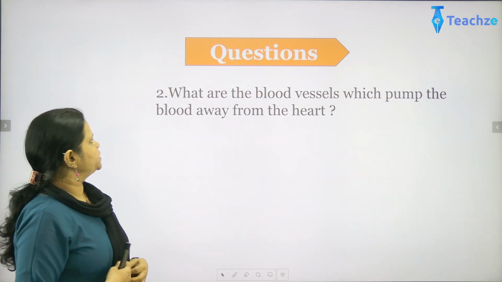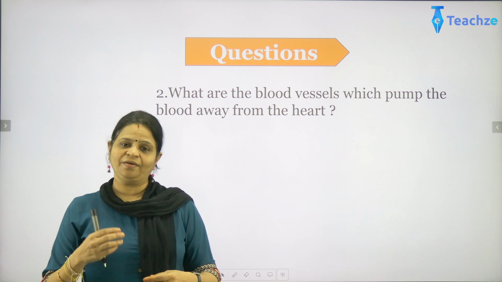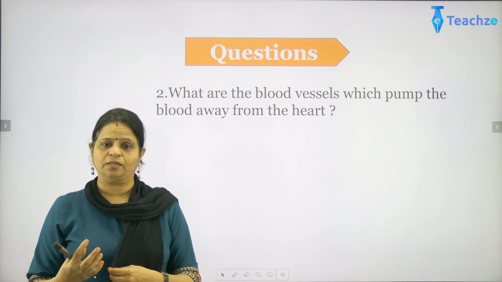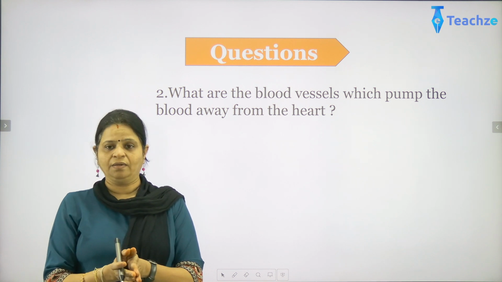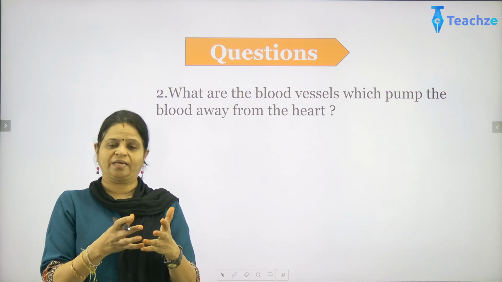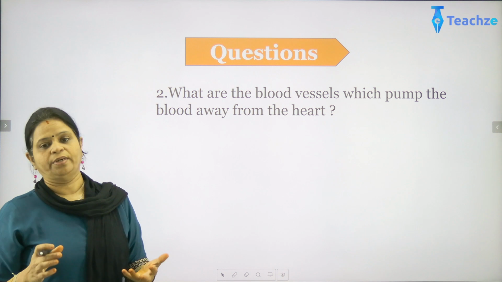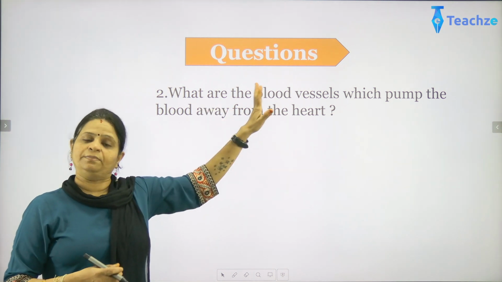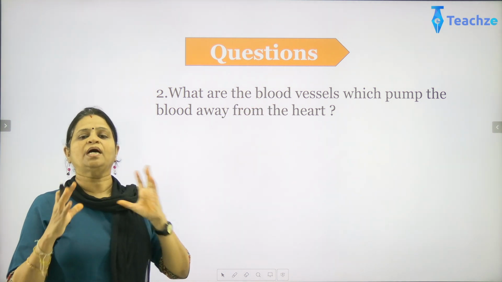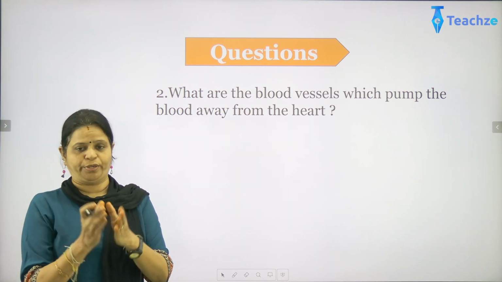What are the blood vessels which pump blood away from the heart? When I give you this question, it is confusing, because whenever we talk about blood vessels leaving or entering the heart, we only look at the superior vena cava and the aorta. That is not the case. The superior vena cava, along with the pulmonary veins from the lungs, are both getting inside the heart at that point.